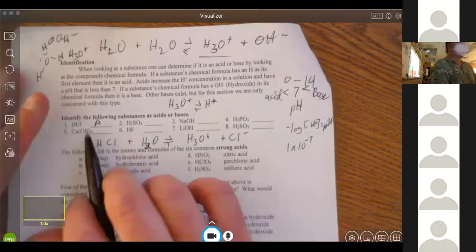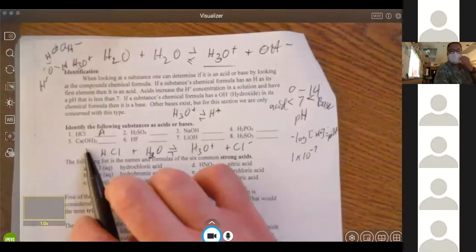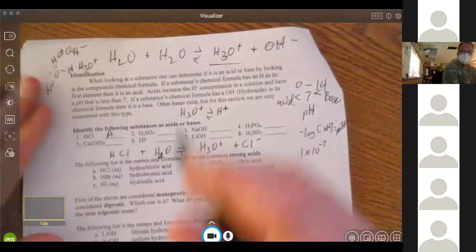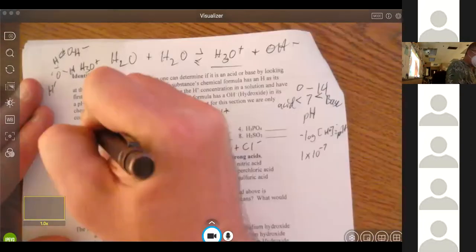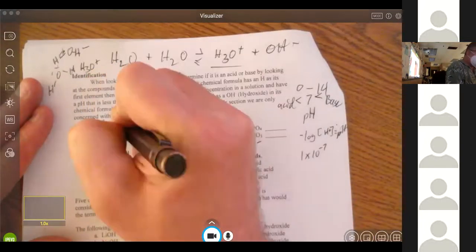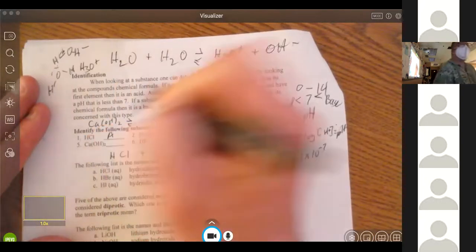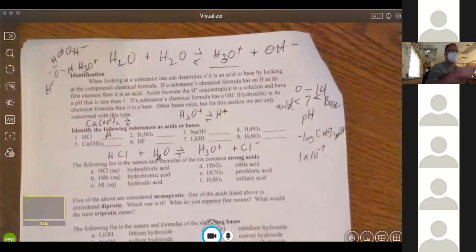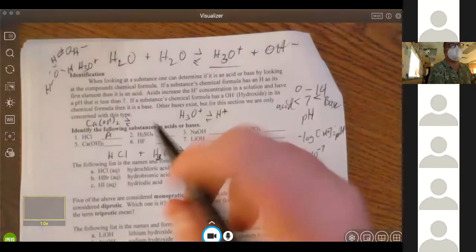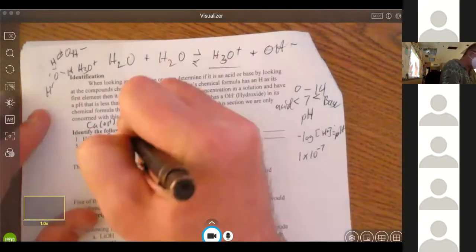How about this? Calcium hydroxide. If we put calcium hydroxide in water, nope, not necessarily. Remember on the last unit, we had the solubility equilibrium. So what's going to happen to this if we put it in the water, if this is solid?